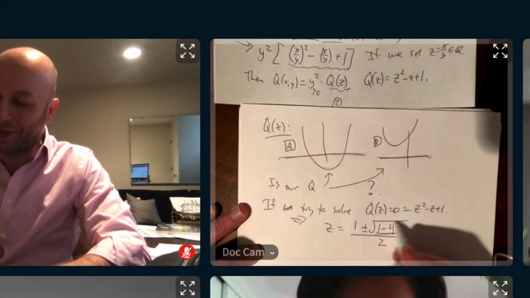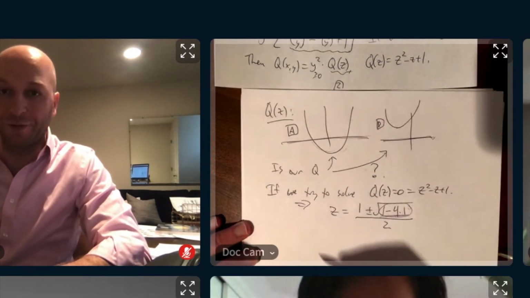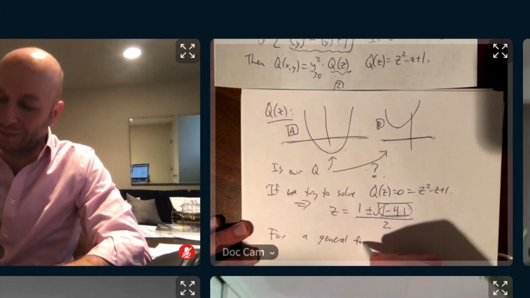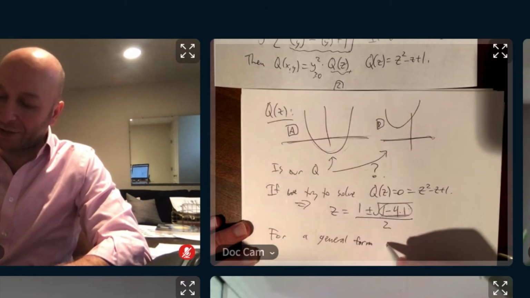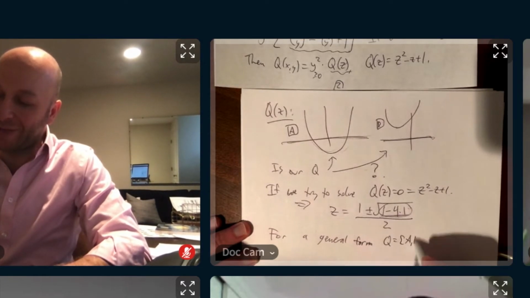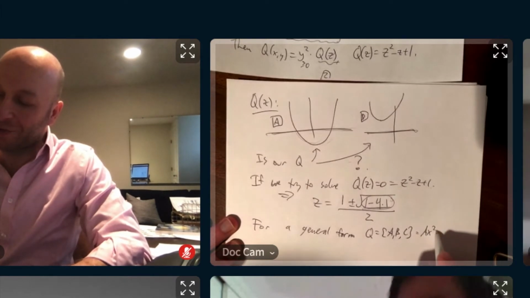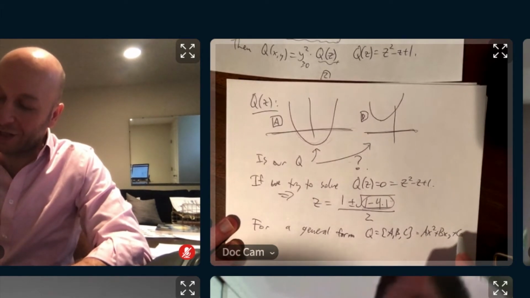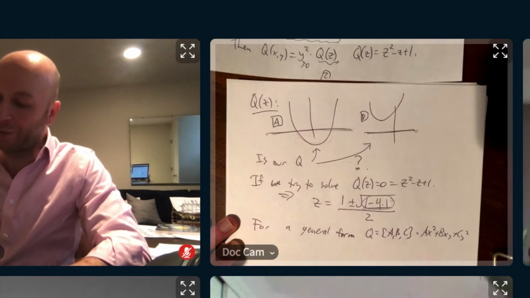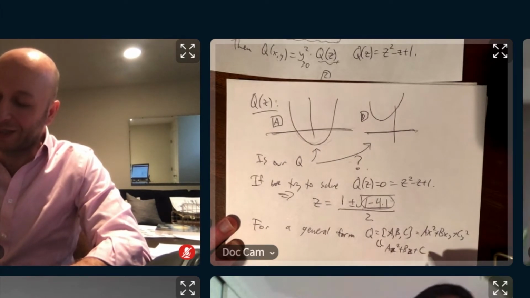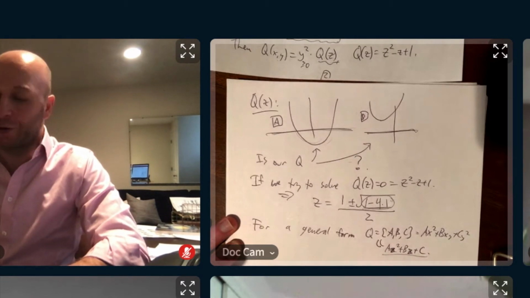The point is this discriminant, for a general form, let's write q is equal to bracket a, b, c, by which I mean either ax squared plus bxy plus cy squared, if it's a quadratic form, or this can mean, depending on context, az squared plus bz plus c, if it's the quadratic polynomial corresponding to the quadratic form.